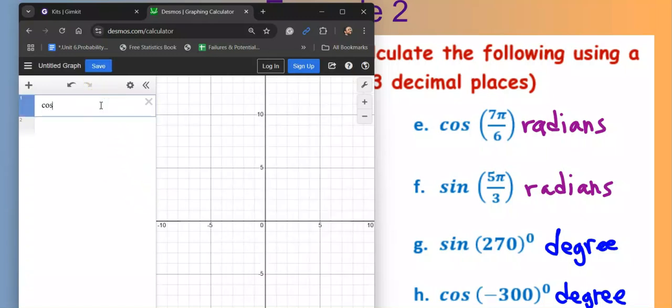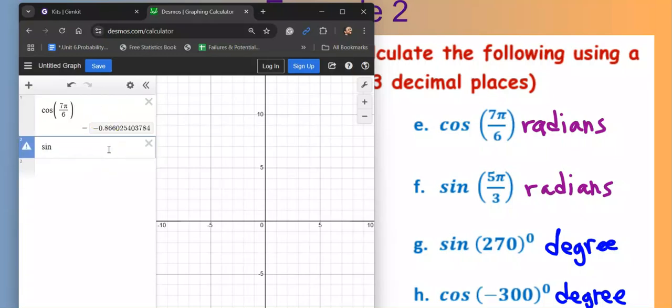So we're going to type in cosine, 7 pi. If you type pi in there, like pi day we had recently, it changes to the pi symbol. We divide by 6. And we get our answer. Yay. We're going to do the same thing here.